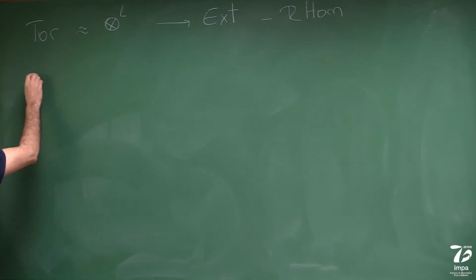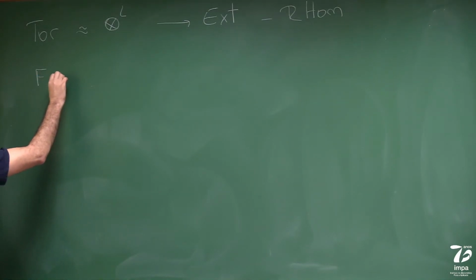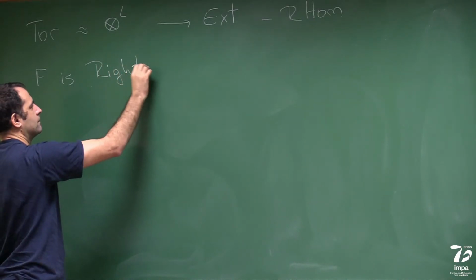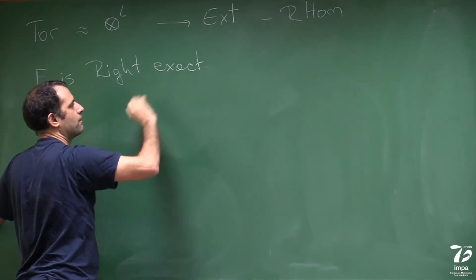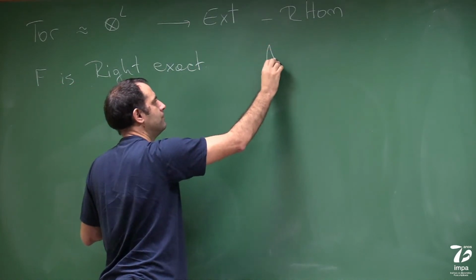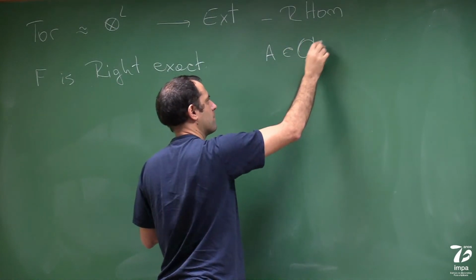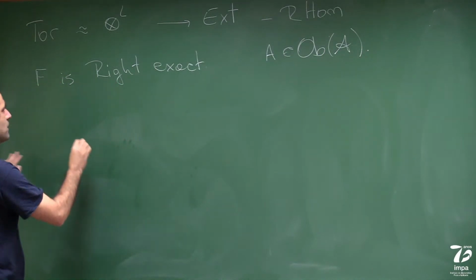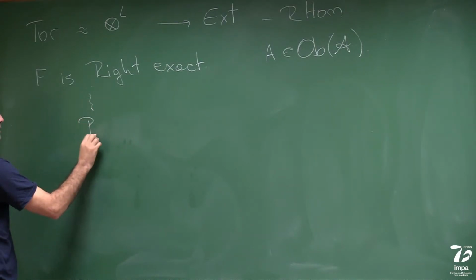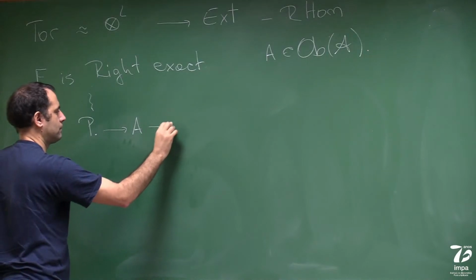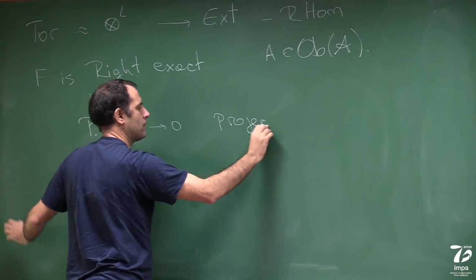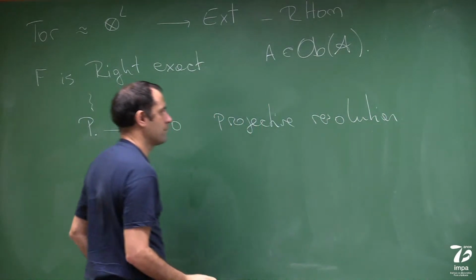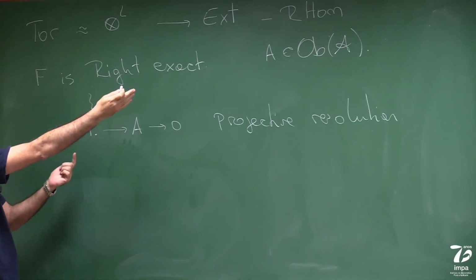So recall that when your functor F is right exact, like the tensor product, and you have an object, say A, in the abelian category where this functor F is defined, then you take a projective resolution of that guy, and this requires the existence of projective resolutions in that category.